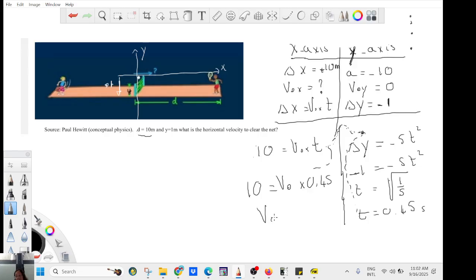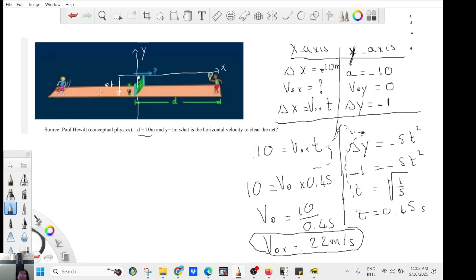So the initial velocity along the x is 10 divided by 0.45, which is about 22 meters per second, and then you're going to have a projectile motion with a horizontal initial velocity.